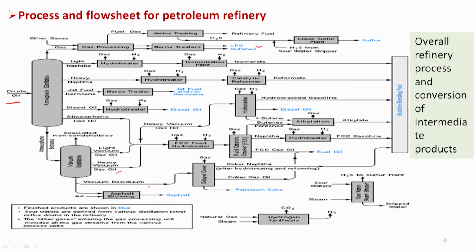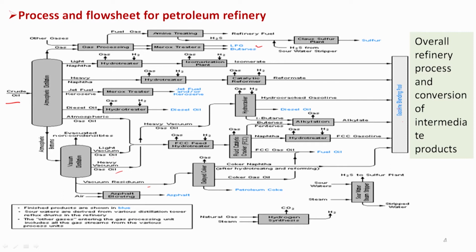And heavy vacuum gas oil is also going to the hydrocracker and giving hydrocracked gasoline. So, these are the different network of processes responsible for getting more gasoline. When the market has more gasoline demand, that can be met by this.